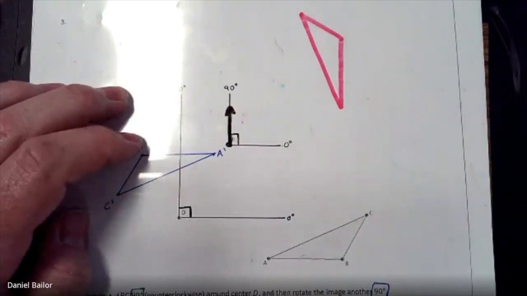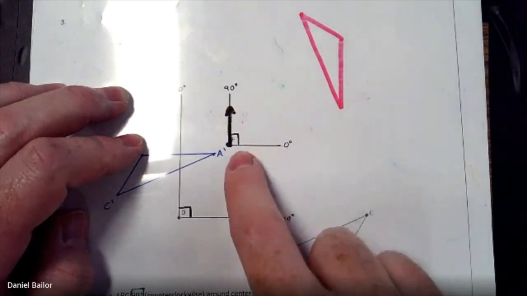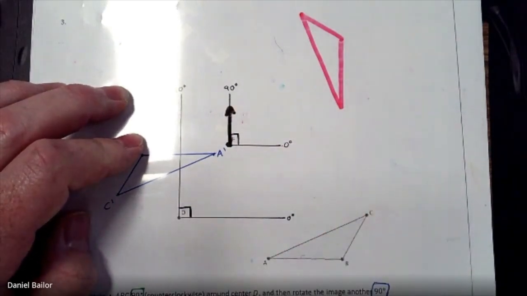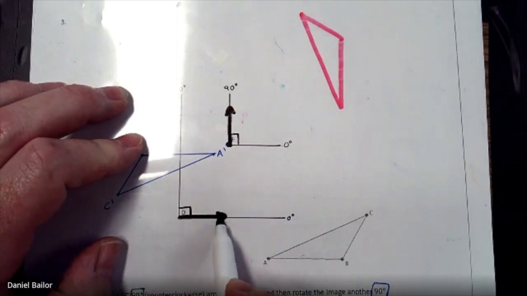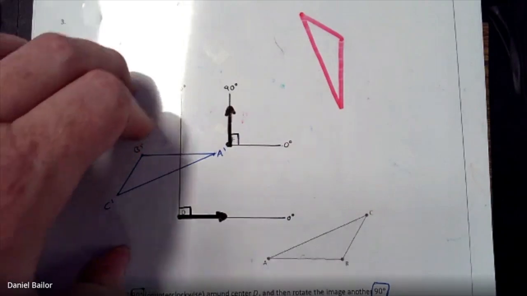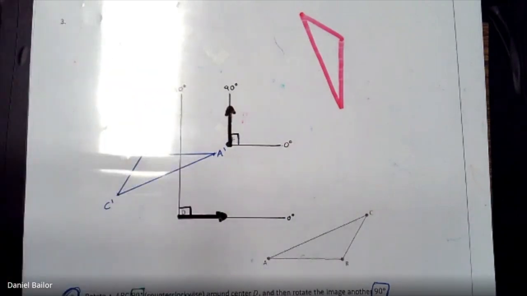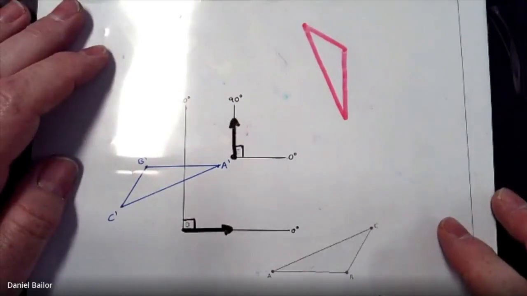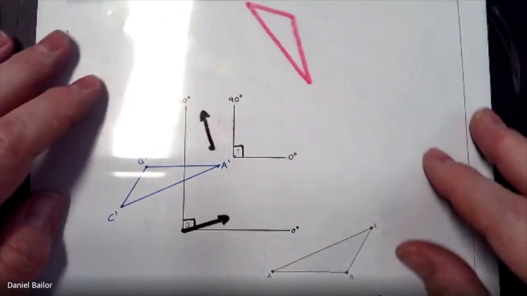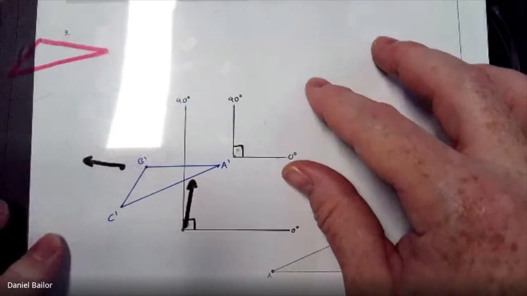Next step, that was around E. It also wants me to rotate around D 90 degrees. So I'm going to use my arrow and put it with D at 0. And now I'm going to rotate until D is at 90. So let's rotate going D to 90.